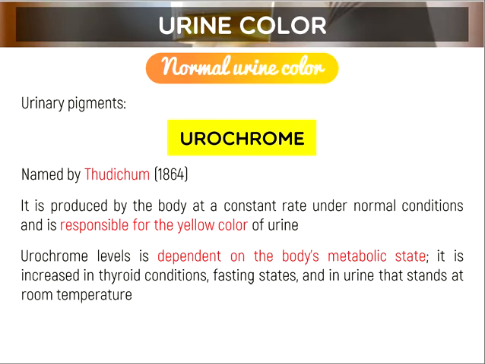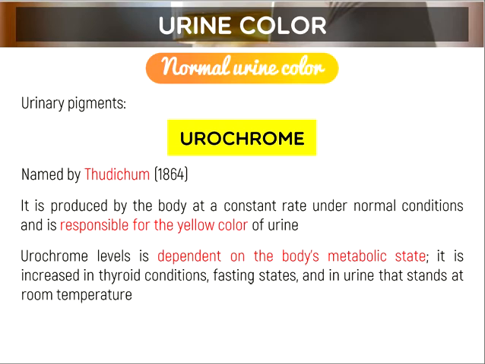And then we have the major pigments. In your second year, I know you already touched on this topic. The normal urine color pigments are urochrome, urobilin, uroerythrin, and hematoporphyrin.